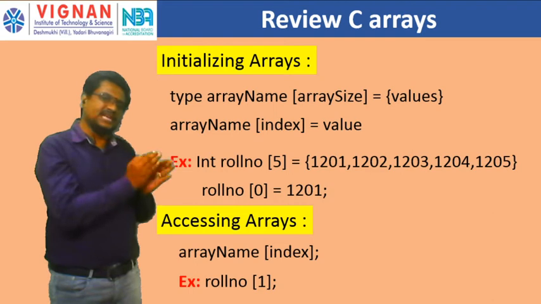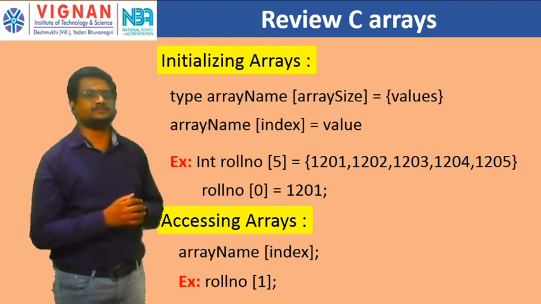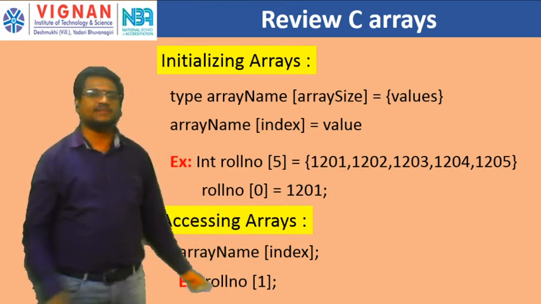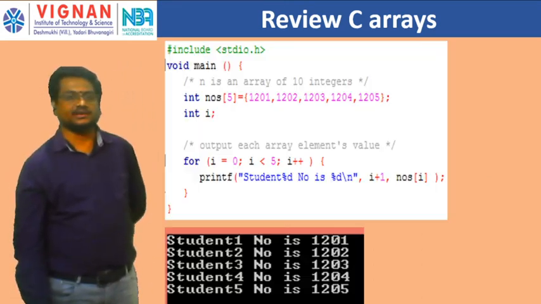So index plus 1 equals the position of the element. Now rollnumber[1] means 1 plus 1, the second element.